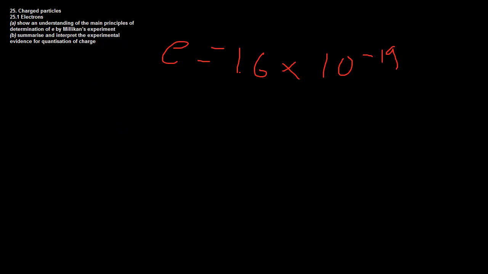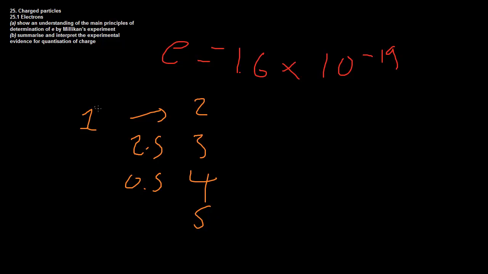What I mean by the building block of charge is, if the elementary charge was 1, you'd be able to have multiples of 1. You'd be able to have charges of 2, 3, 4, 5, but you would not be able to have charges which are not multiples of 1, like 2.5 or 0.5. Anything which is not a multiple of a basic building block would not be a possible charge.